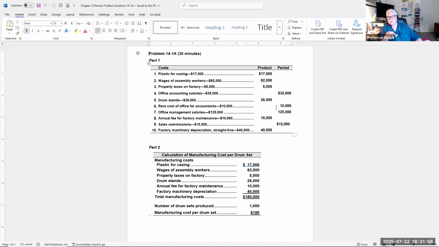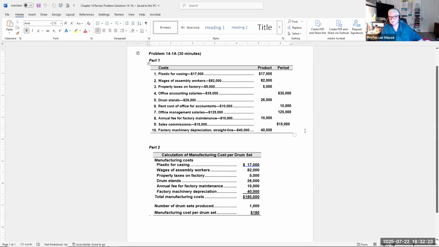Well, let's say this company is selling their product in the market for $170. Whoops, somebody goofed. The cost of manufacturing of $180 is not even coming close to what they're selling it for. Plus, they haven't accounted for or covered the period costs that the company has incurred as well.